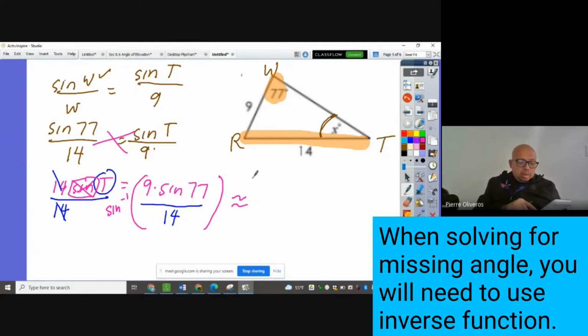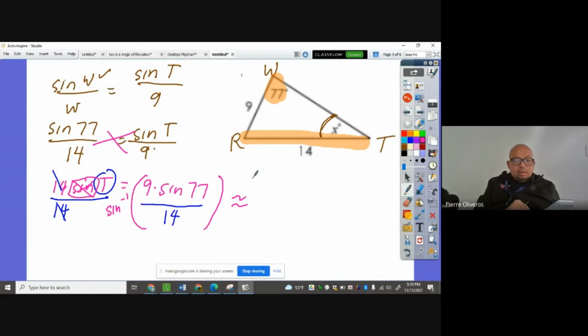So what I do: 9 sine 77, enter, divide by 14, enter, and then second, sine, second negative sine, the answer. The answer is 38.8 degrees. So therefore, this is 38.8 degrees here.